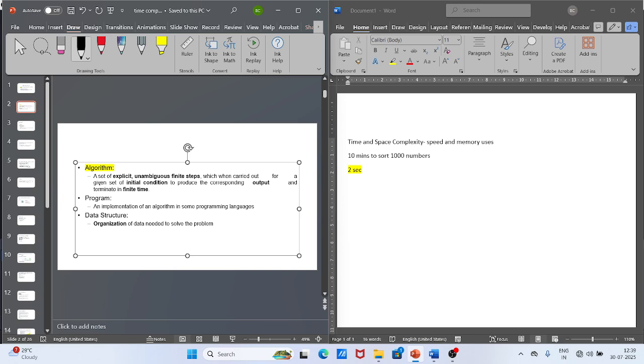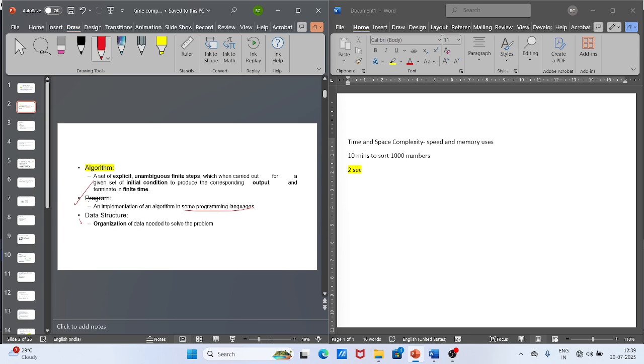It tells you what to do, in what order, and when to stop. Now come to the program. A program is an implementation of an algorithm in some programming language. We write the algorithm and then implement it as a program using any language, Python, Java, C++.